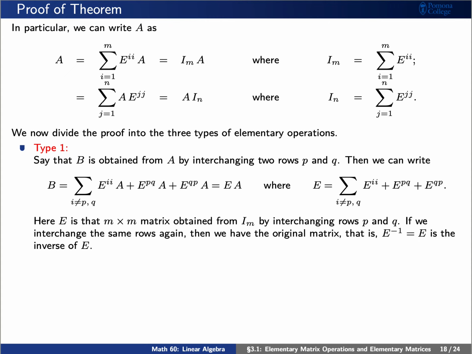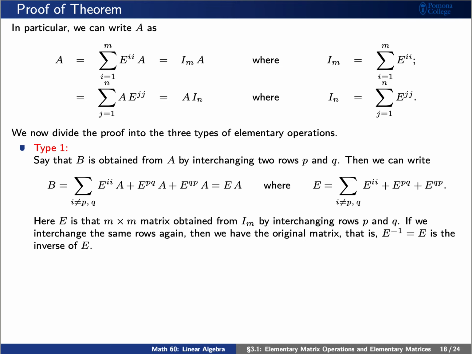Let's say that B is obtained from A by interchanging 2 rows, P and Q. The idea is that if we take a look at the expression from above for A, we're going to replace EPP times A, namely row P, with EPQ times A. Again, in row P, we'll substitute and replace row Q of A. Similarly, instead of writing EQQ of A, we'll replace that with EQP of A. The idea is that in row Q, we'll substitute and replace row P.